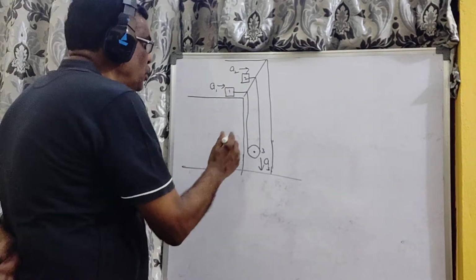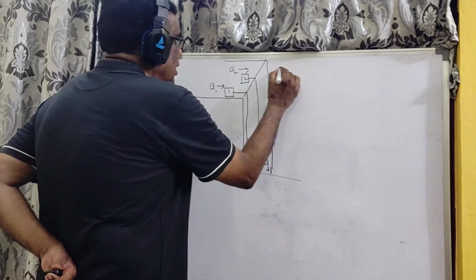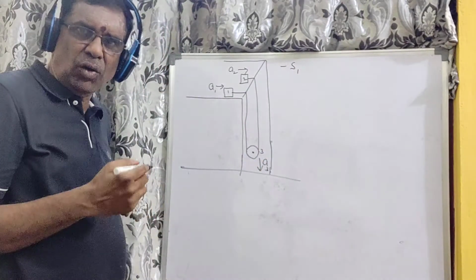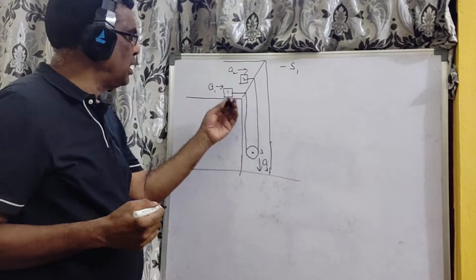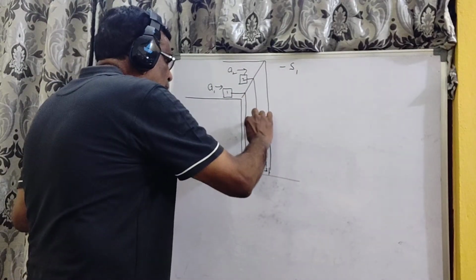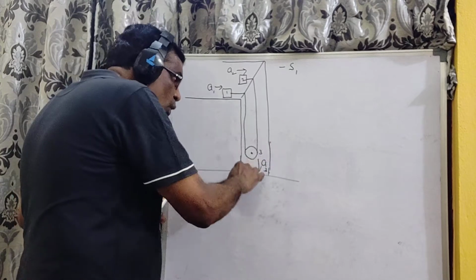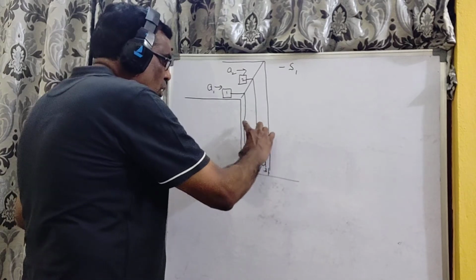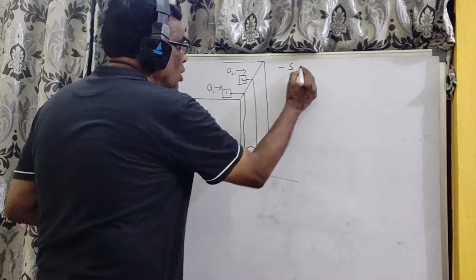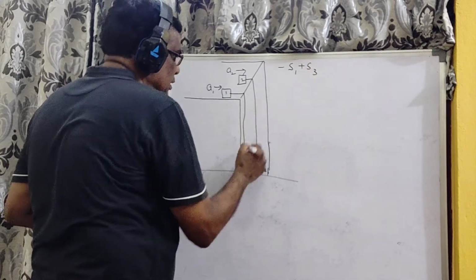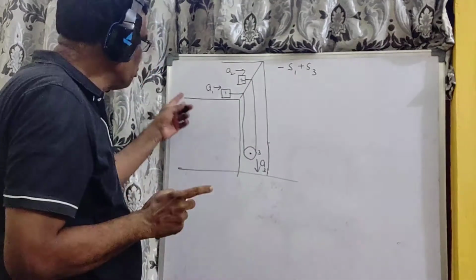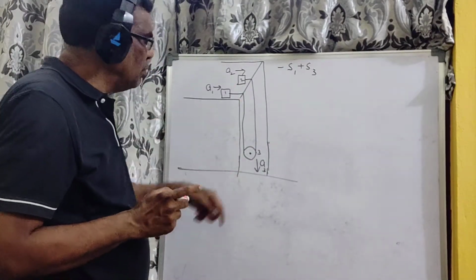I can now directly put it in terms of even velocity and acceleration also, but for the time being, I am putting minus S1. This is fixed. Now, what is happening? This is going down. Down means the segment is increasing. So, we will call it plus S3. So this whole segment has given minus S1 plus S3.